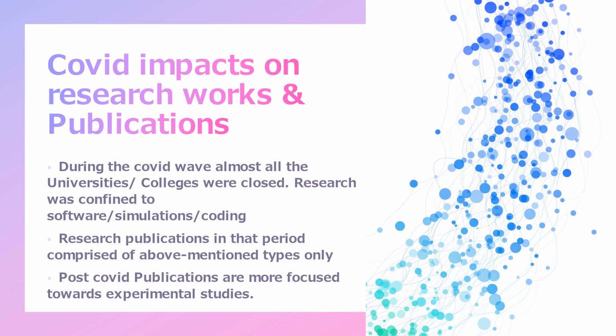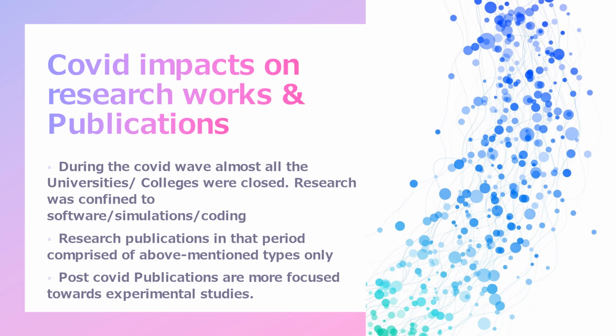So now there is a saturation level for the coding or the simulation or the software based works. They are at their saturation, and even the publications are more focused towards experimental studies. The publications want to publish some kind of experimental studies.